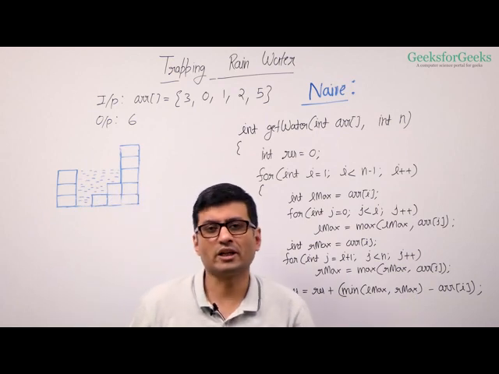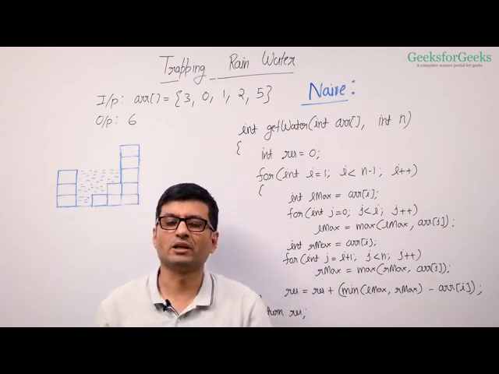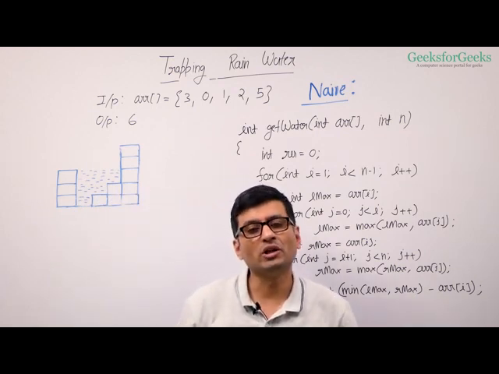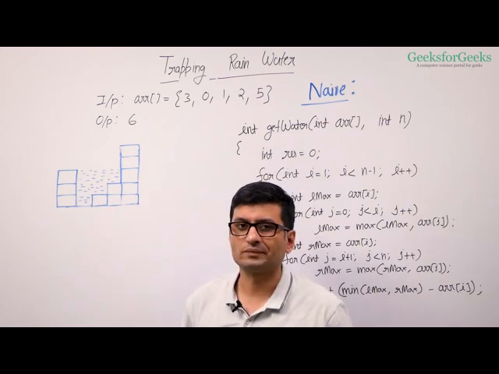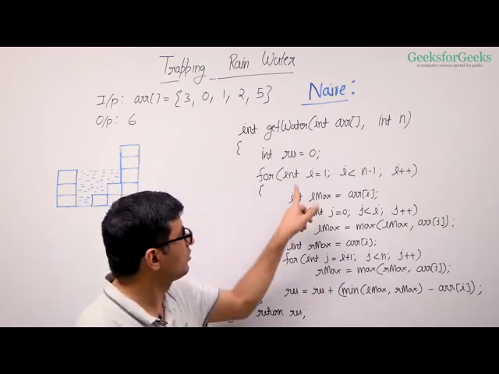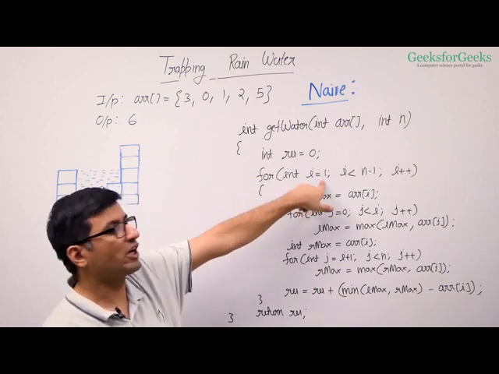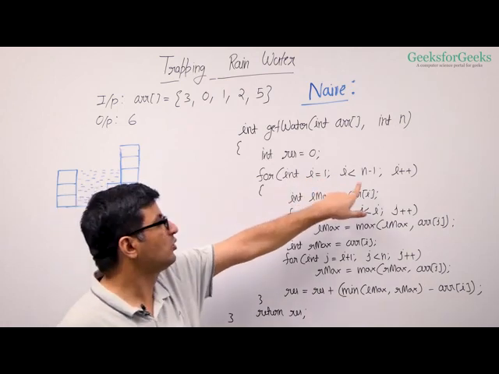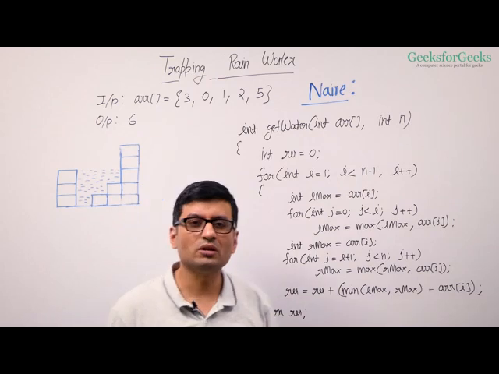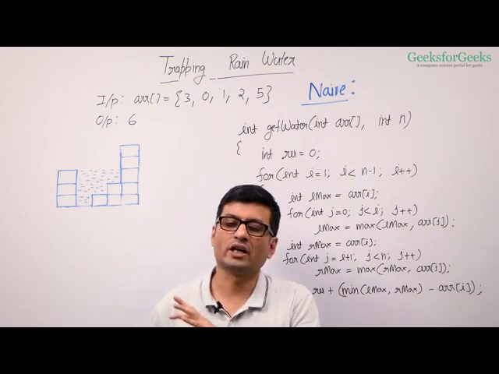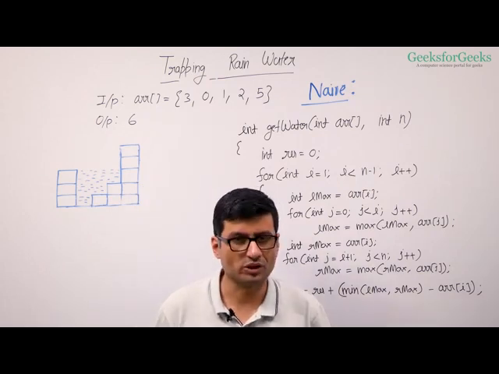So the leftmost and rightmost bars can never store water. We can only store water in the middle bars. Now we traverse through all the middle bars starting from i equal to 1 to n minus 2, because we know for i equal to 0 and i equal to n minus 1, we cannot store any water.